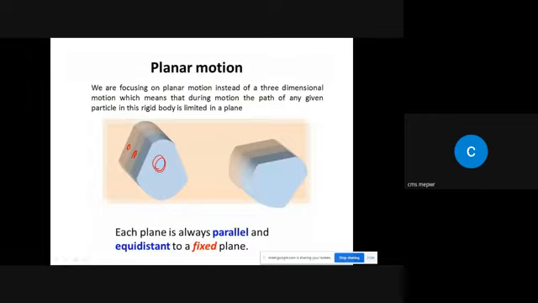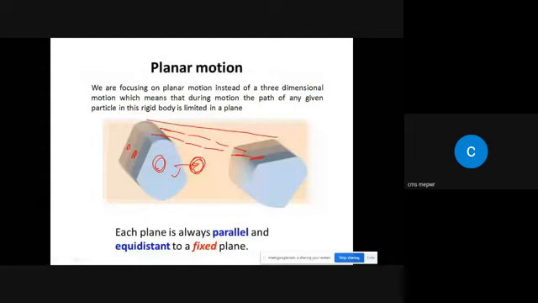the object is having translation as well as rotation. You can see this object, this surface, this section, is traveling in this plane, right? The second section that we have over here is having motion in this plane, and this one is having its motion in this plane.